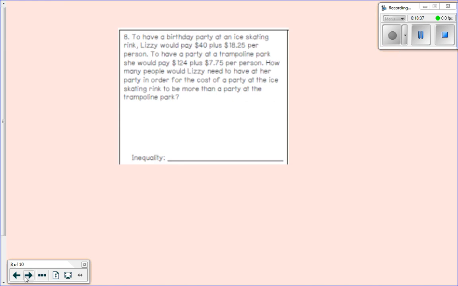All right, try this one with your table. Number 8, you're just writing the inequality with your table.